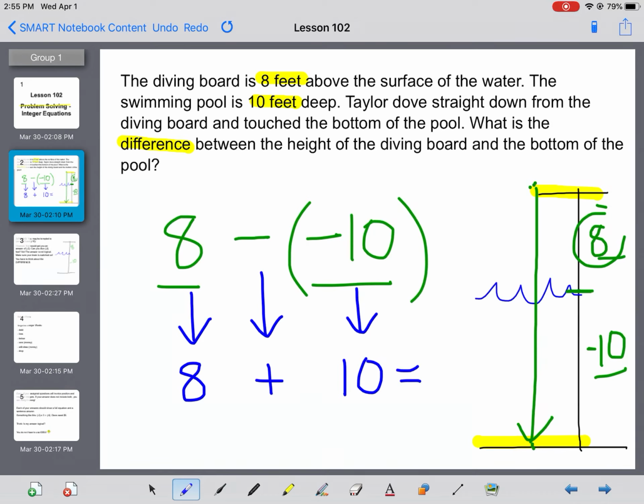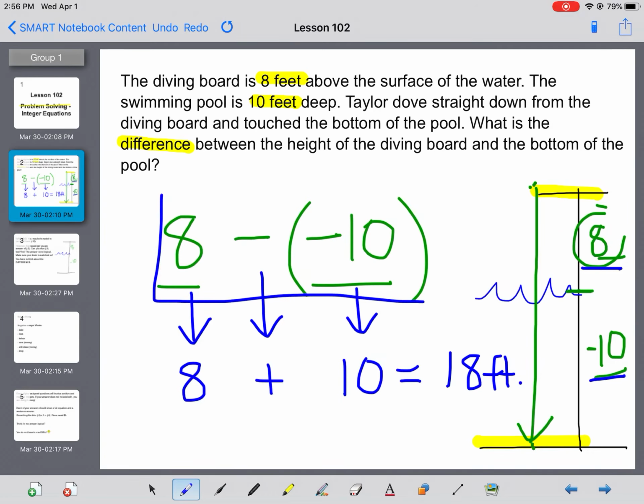Okay, now you'll notice that really what ended up happening is we did 8 plus 10, which is what we were doing originally, but it's important to know and understand how these integers worked to get us there. So we ended up with an answer of 18 feet.